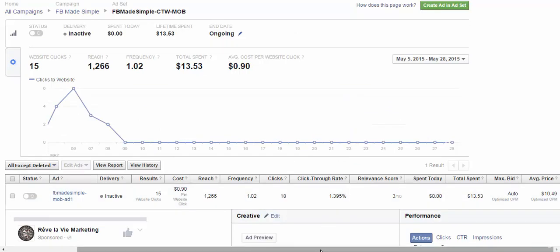And here's an example of a different offer I was putting out there that didn't do very well. I actually killed the ad because I could tell I did not have the right interests for this type of ad. My click-through rate was really low. Obviously Facebook's relevance score was telling me that I was pretty off on my targeting, which for this specific campaign, I don't think I was 100% off.